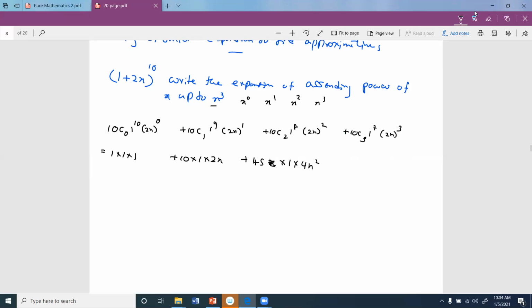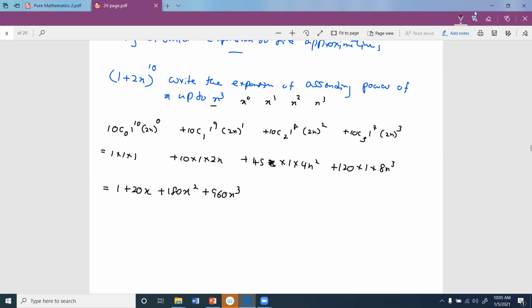When you square, remember that the entire expression has to be squared. 10c3 is 120, into 1 times 8x cubed, so you have to cube the whole expression. So it's done up to 1 + 20x + 180x² + 960x³. This is the first part of the question.